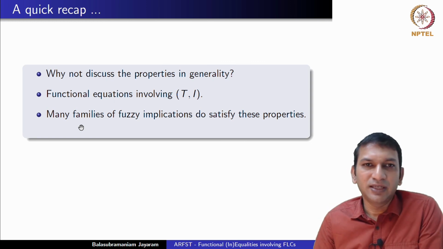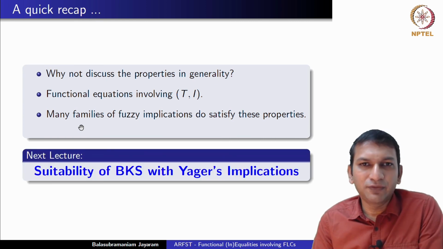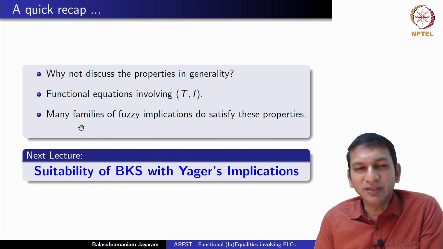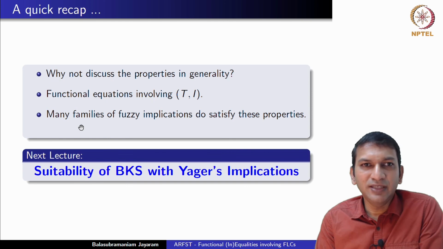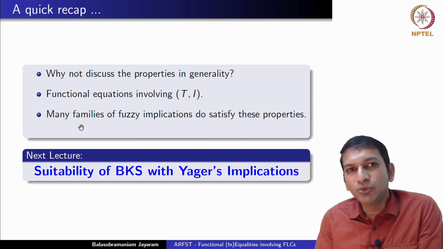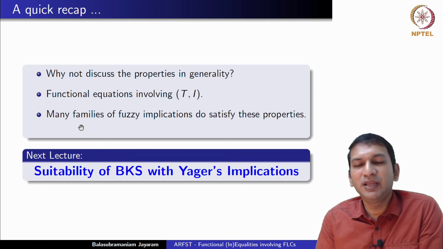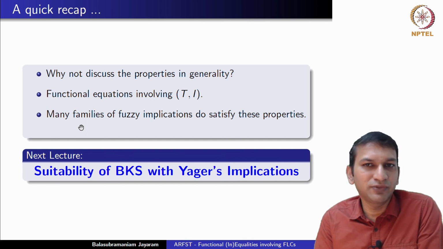We will see this during the course of these lectures in this week. In the next lecture, of course, we will try to answer the first question, that of generalizing some of the results that we have seen for FRIs where the operations came from restricted lattice structure to FRIs which employ implications coming from different families, family other than the R implication family.